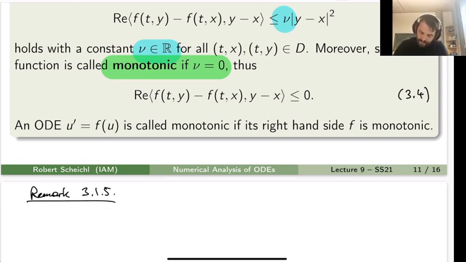So I promised that I would link it to the classical notion of the Lipschitz condition we had in the previous section.